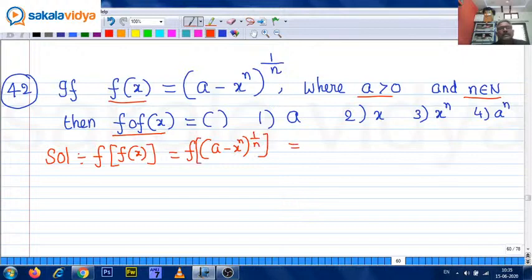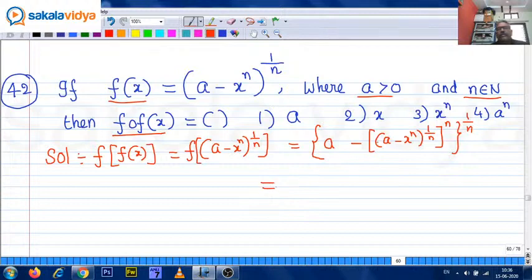So in the place of x substitute this value: a minus x to the power of n whole to the power of 1 by n, whole to the power of n, again whole to the power of 1 by n.